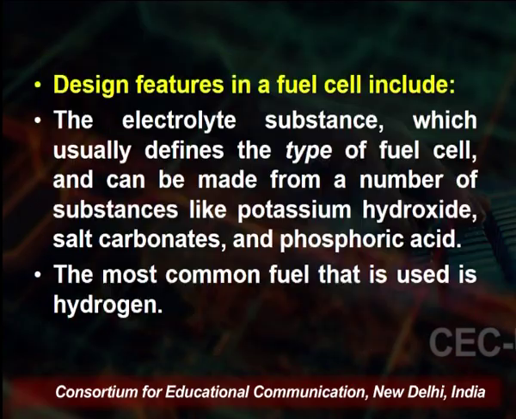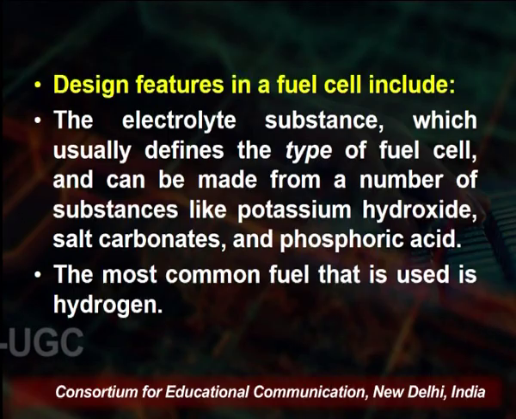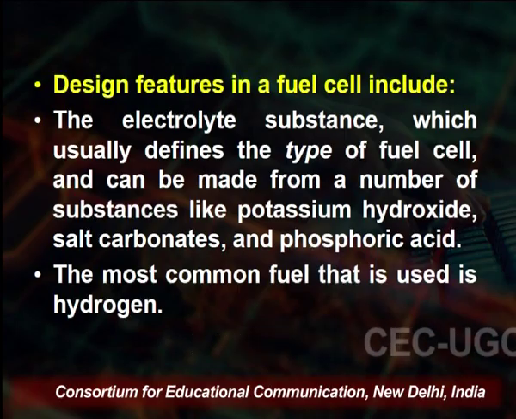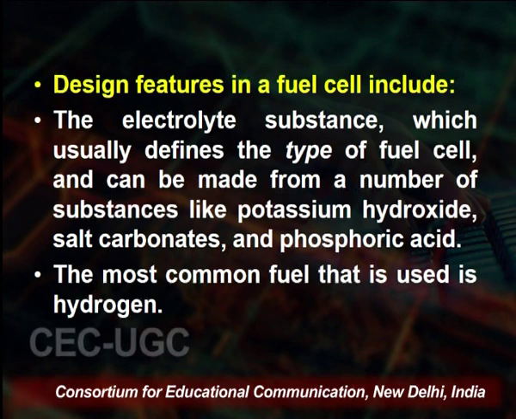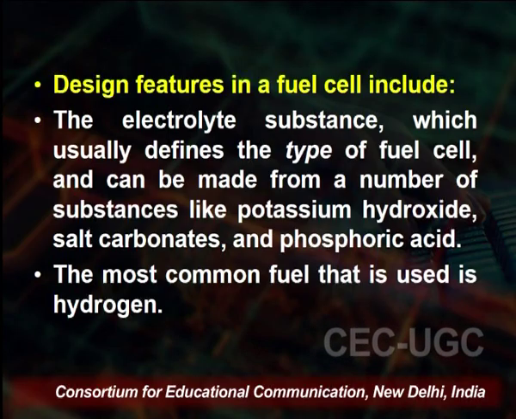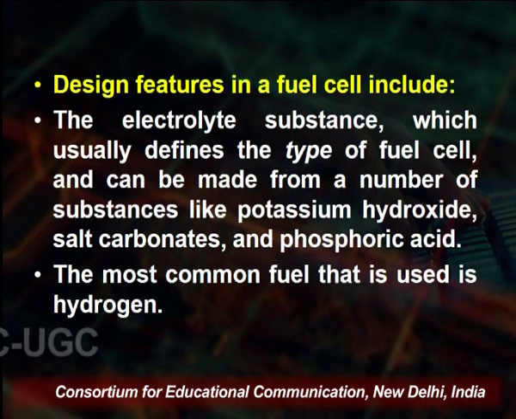Now, design features in a fuel cell. What design features can we have? The electrolyte substance, which usually defines the type of the fuel cell, can be made from a number of substances like potassium hydroxide, salt carbonate and phosphoric acid.